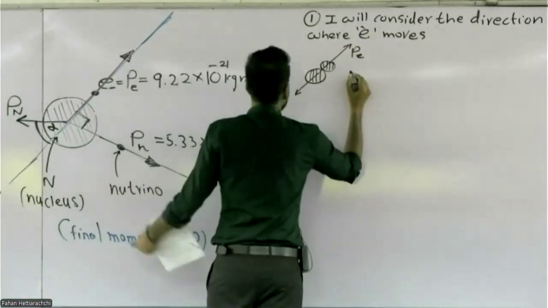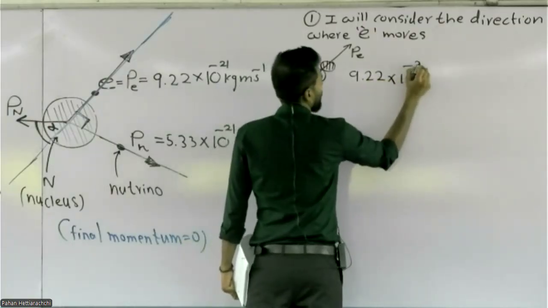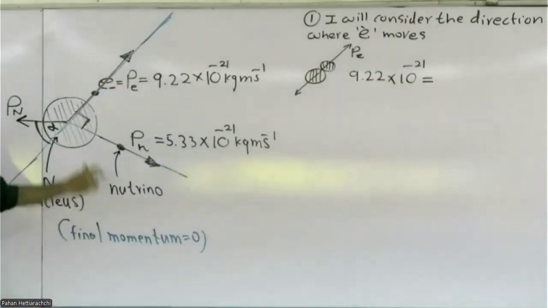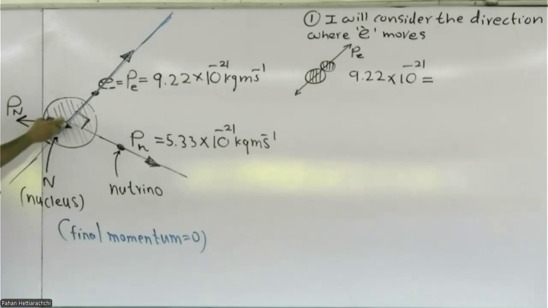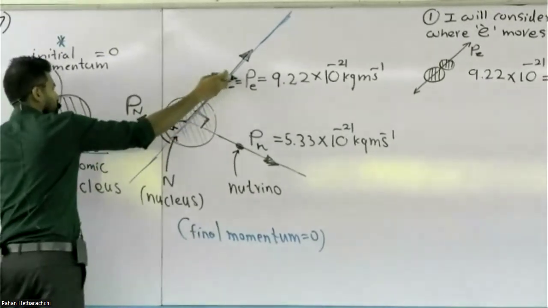So the momentum created by the electron, 9.22 into 10 to the power minus 21, should cancel out with the momentum created by the recoiling nucleus in the opposite direction. The momentum created by the recoiling nucleus is Pn, and it creates an angle alpha with the direction of the electron.